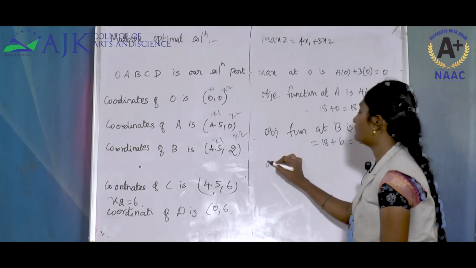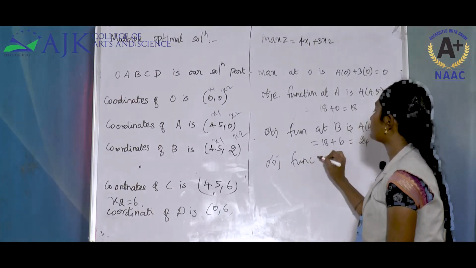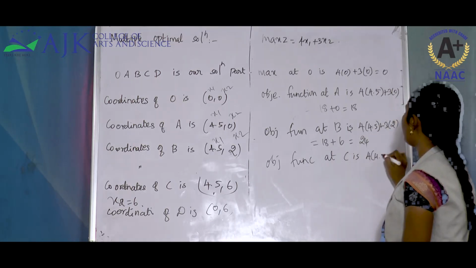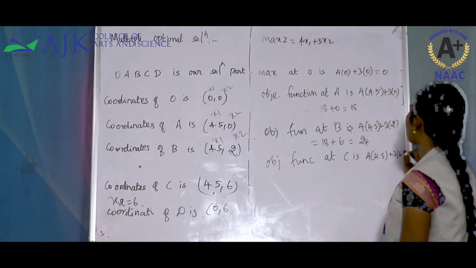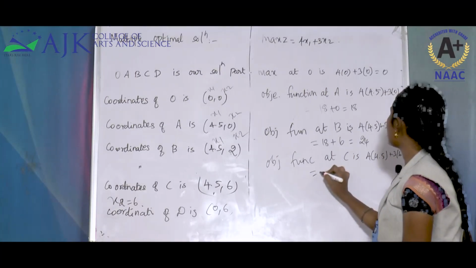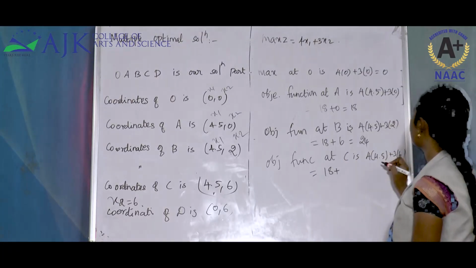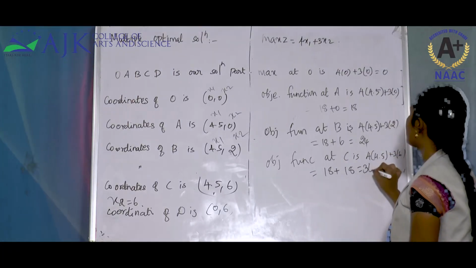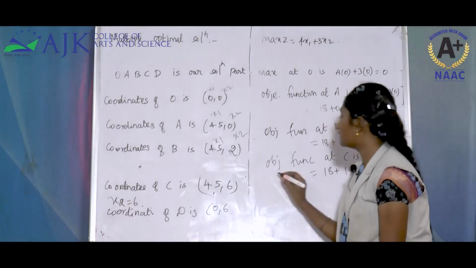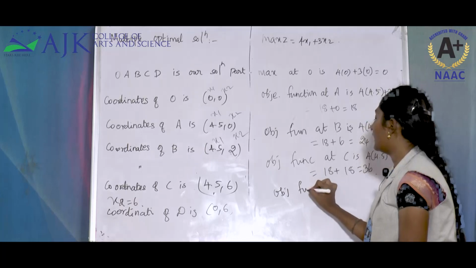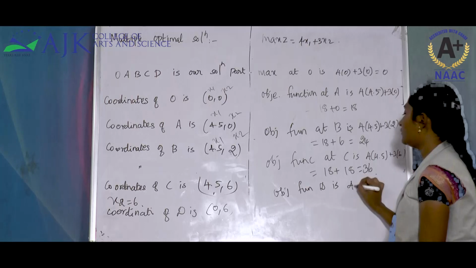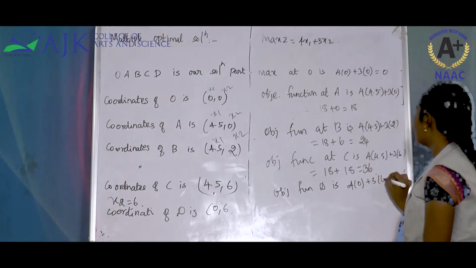Next, objective function at C is 4 into 4.5 plus 3 into 6. So this is equal to 18 plus 18 is equal to 36. Next, objective function at D is 4 into 0 plus 3 into 6.